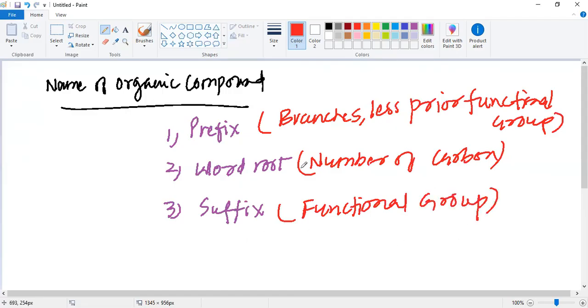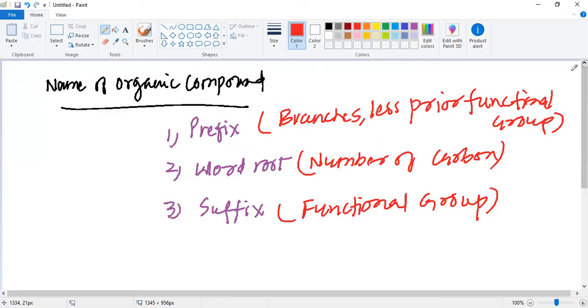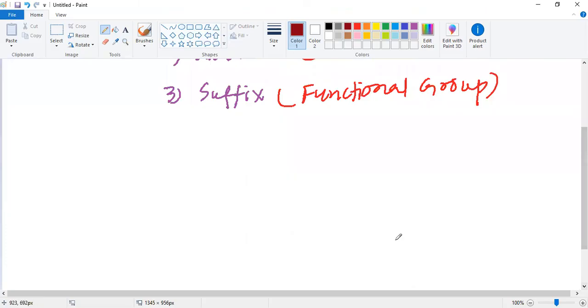So this is how it comes. The prefix comes from the less prior functional group, so we need to determine the order for the priority of the functional group. How do we determine that order? It is a very important point, my dear students.